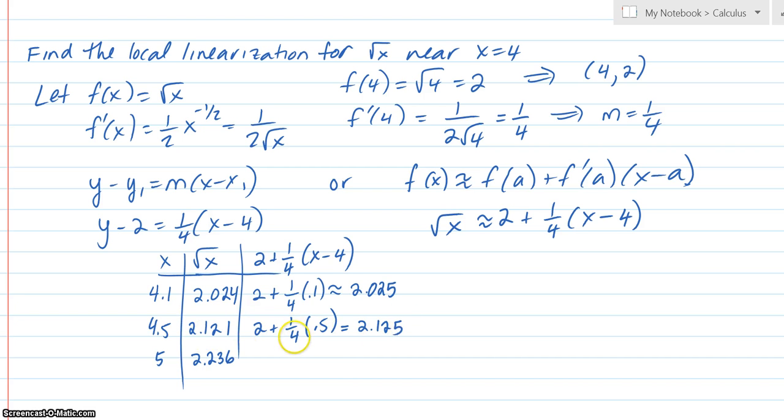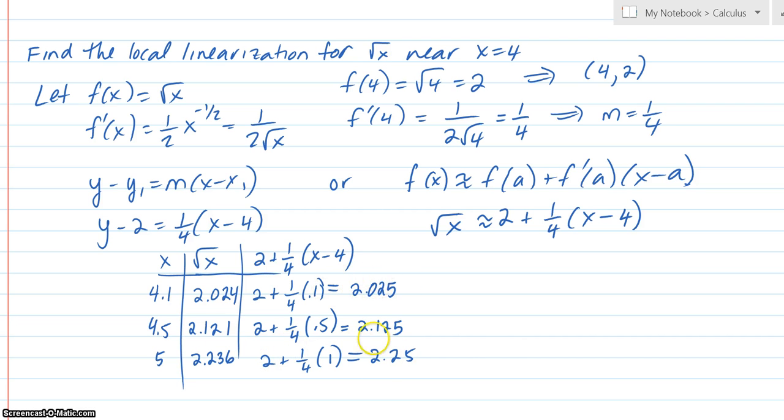You can see how close that is. This is actually equal as well, I realize. Right? It is approximate to the value, but these two are equal. And then 5, well, that would be 5 minus 4, which is just 1, times 1/4. So that would be equal to 2.25.